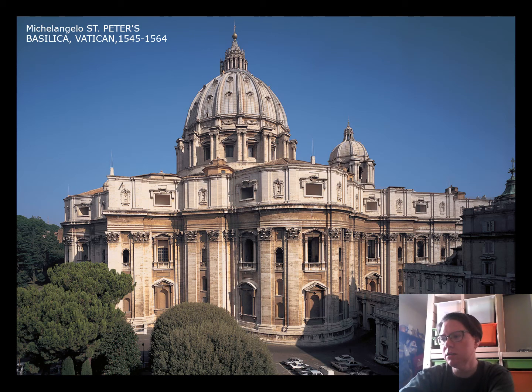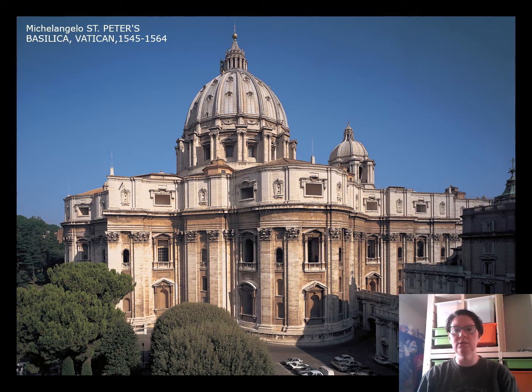The architecture is a fulfillment of the belief of the divine proportion system, just like we talked about with the Tempietto. Michelangelo wanted to build the building to look like the dome of the Pantheon. And so he decides that he's going to set the dome on top of a central plan.